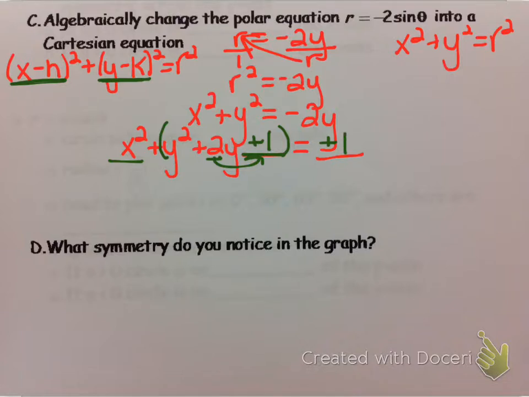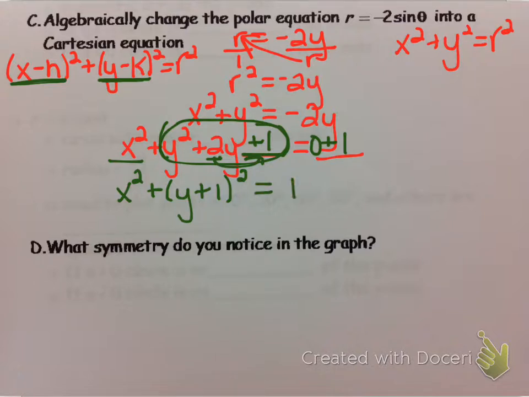Okay? And remember, there wasn't an invisible 0 there because I had moved everything over to the left side of the equation. And so the graphing form of my equation has my x squared by itself, my entire y grouping is now a perfect square, and it collapses down into y plus 1 squared, and it's equal to 1.